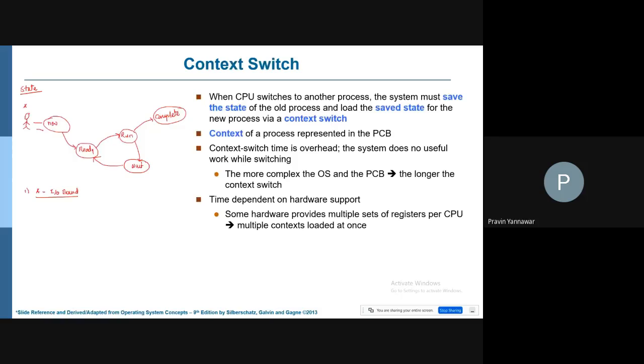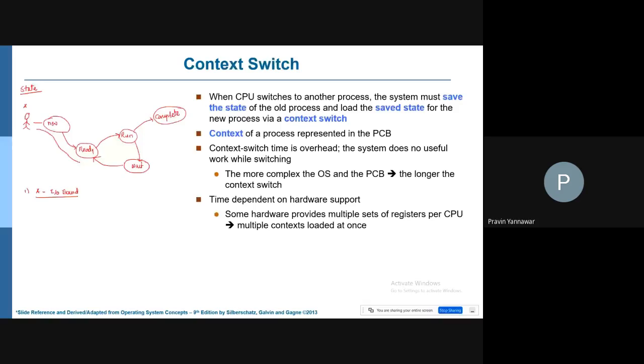Will go to ready. From ready it will go to run. From run it will request IO, right? And it will spend, say, for example, 80% of its time here. This is significant time, 80% of its time here.